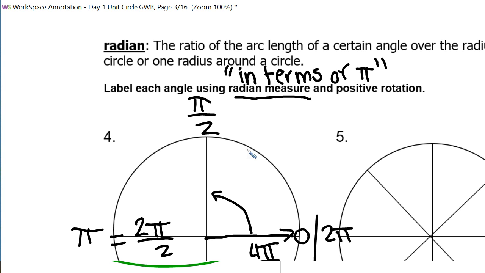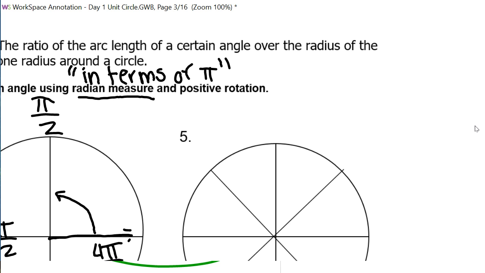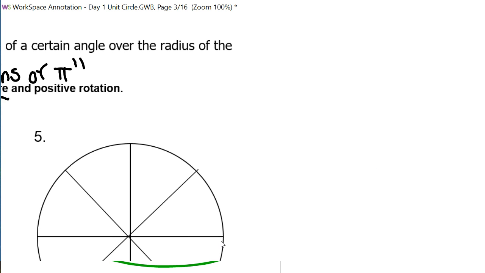Next one, number 5. Let me erase this so it doesn't get confused with the answers for number 5. Okay, number 5. Again, we start at 0, and over here is what? In radians, this is pi. And let's figure out what they're counting by.